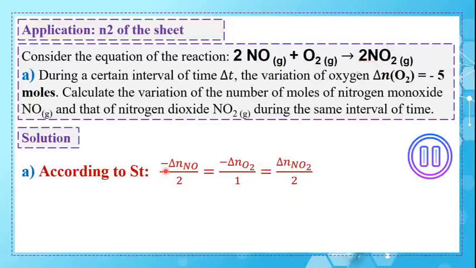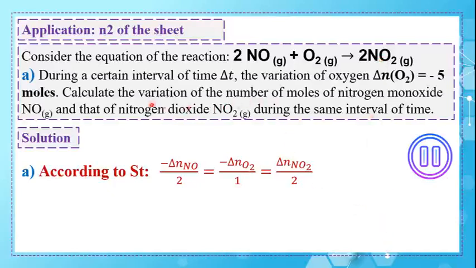If we use delta, we put minus delta n of NO over 2 is equal to minus delta n of O2 over 1, equal to delta n of NO2 over 2. The two minus signs here are because delta n of NO and that of O2 are negative, so with the minus we get a positive value, which will be equal to that of NO2, which is a product.